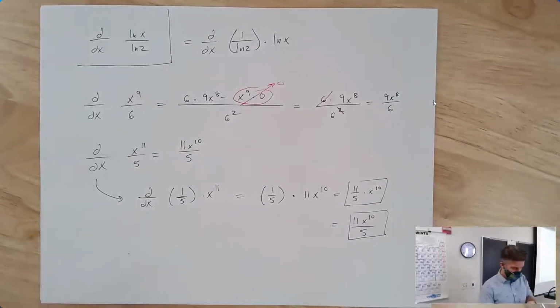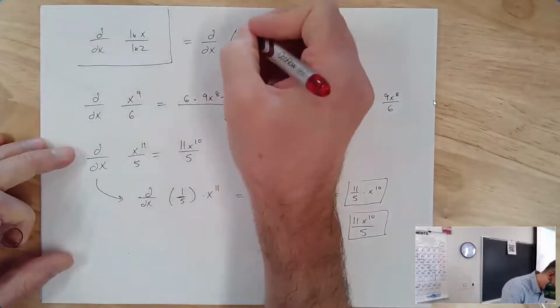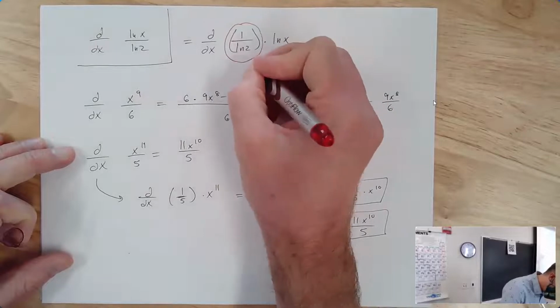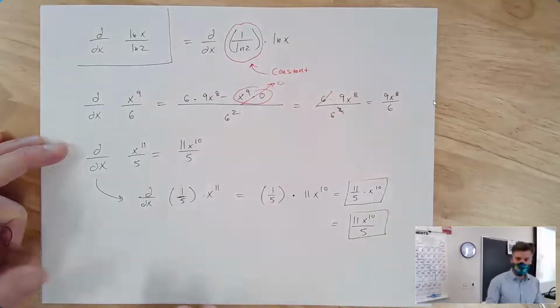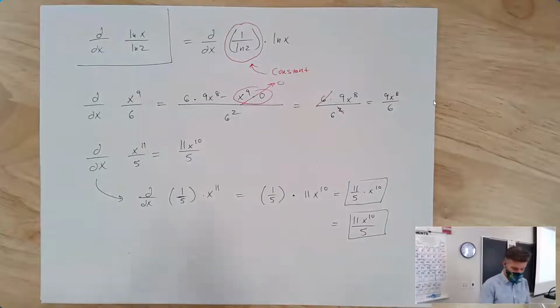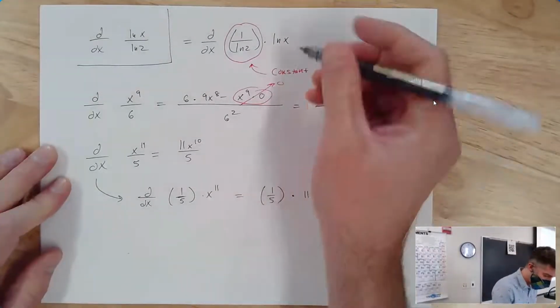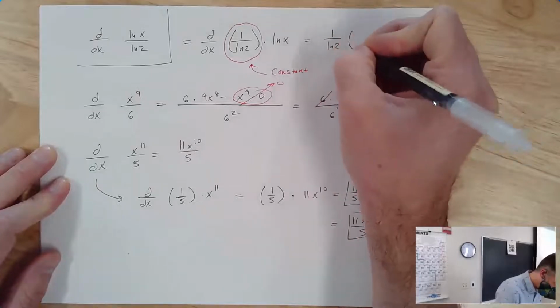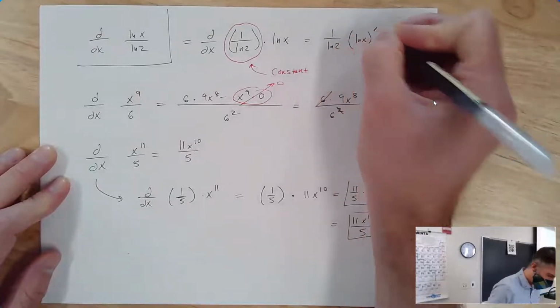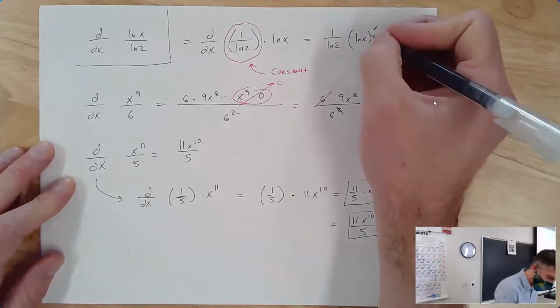And I'm going to point out, oh yeah, this whole thing here is a constant. It never changes. And the derivative of a constant times a function is the constant times the derivative of the function. But the derivative of the natural log of x is 1 over x.